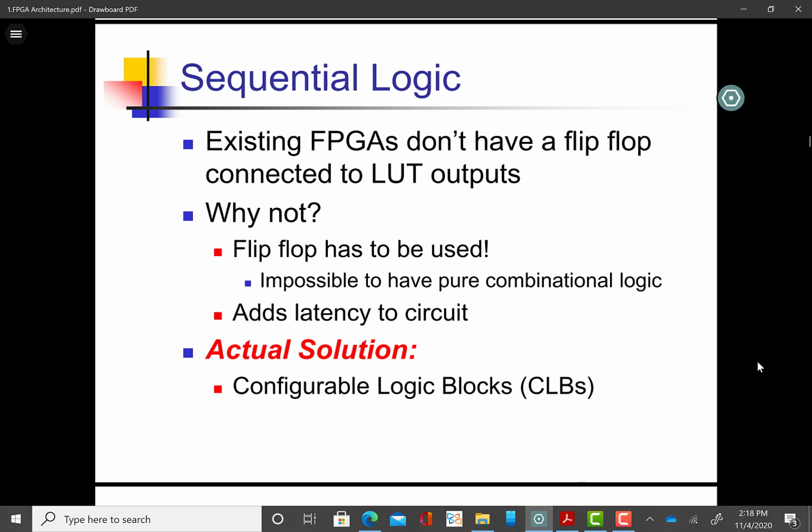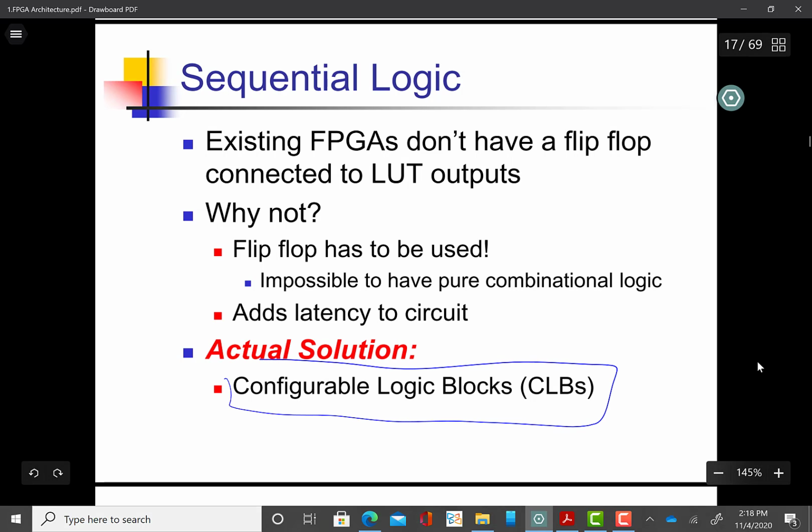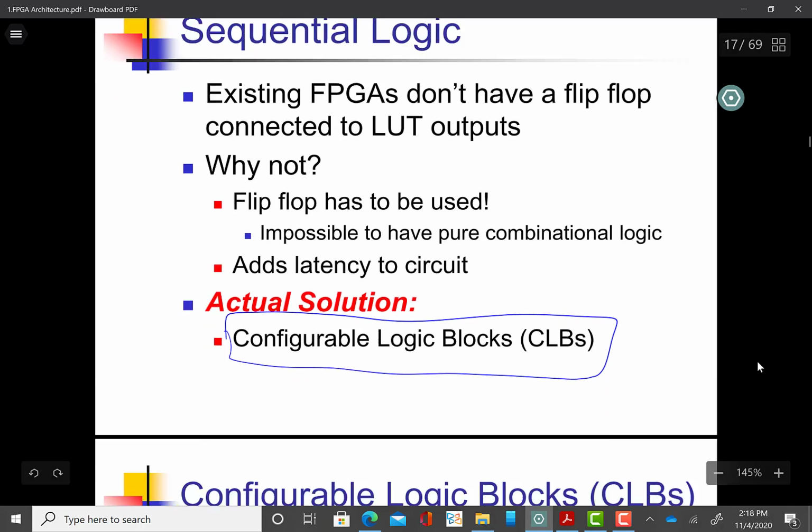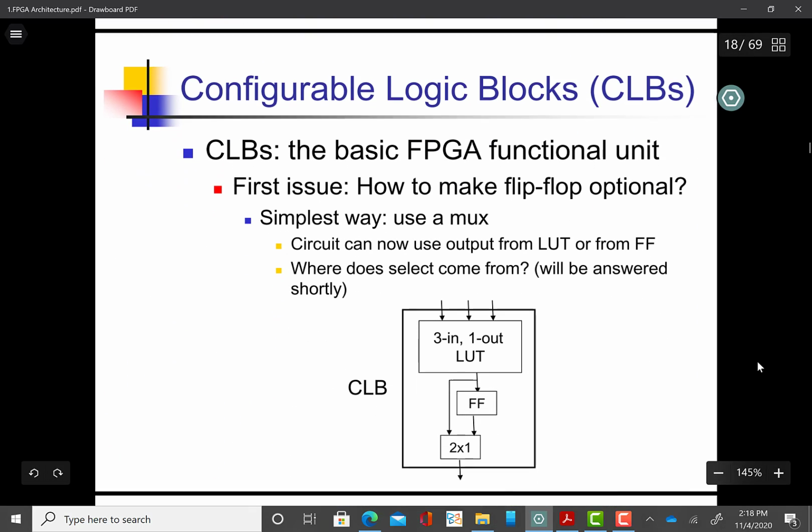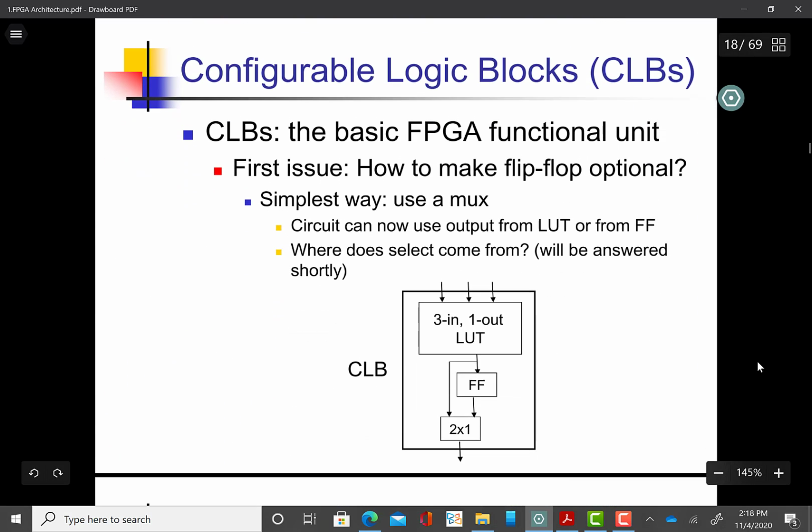And how it is achieved is by designing a configurable logic block, or CLB. You already heard this name in this lecture. So let's see what is the advantage of CLB. So it is basically the basic functional unit of FPGA.